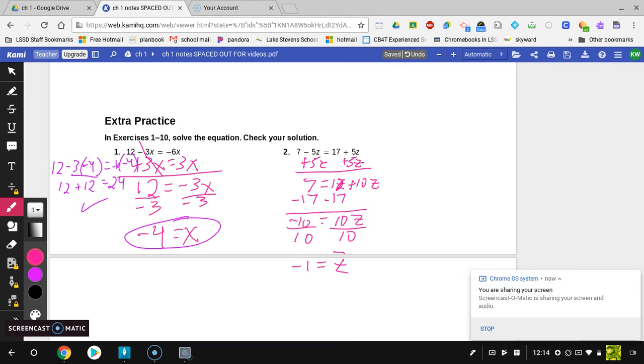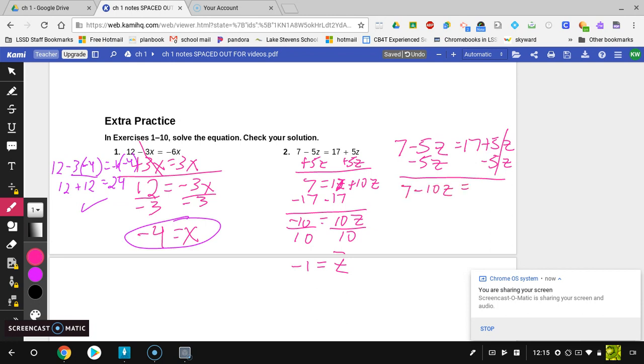Some of you may be sitting there thinking, well, could I have done it in the other direction? So if we look at our original problem, could I have moved my z's to the other side instead? So let's check it. If I subtract this 5z over to the other side, let's see what happens. This time my z's cancel out on this side, and I'm left with 7 minus 10z.